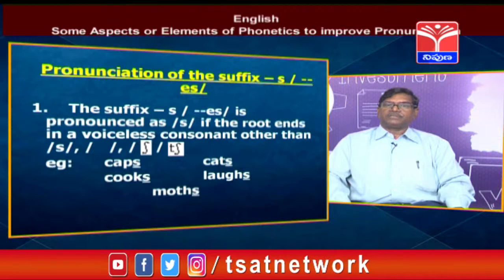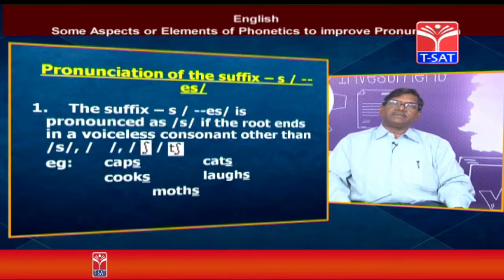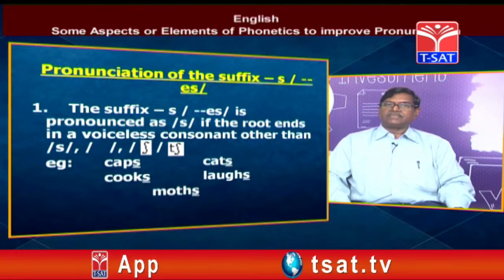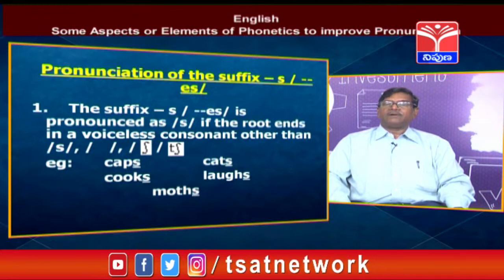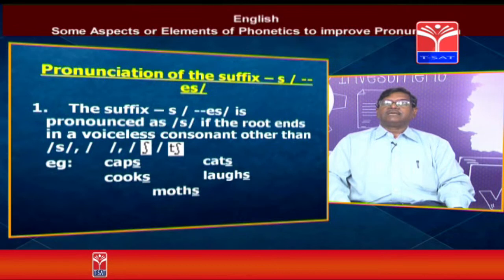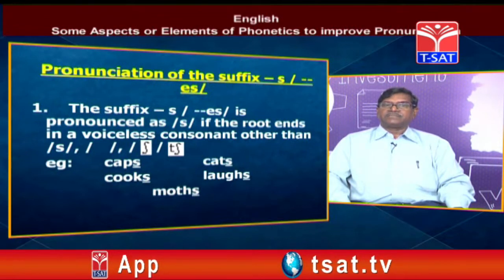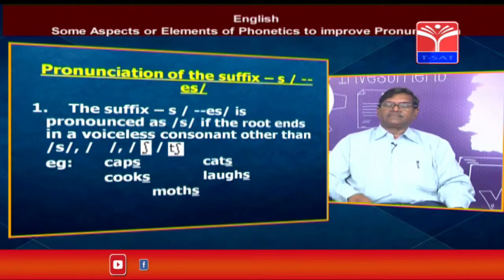S, sh, ch. Other than these, if the root ends with any voiceless consonant, then in such a case the plural marker or the possessive marker or the present tense third person singular marker is pronounced as s: caps, cats, cooks, laughs, myths, like that.